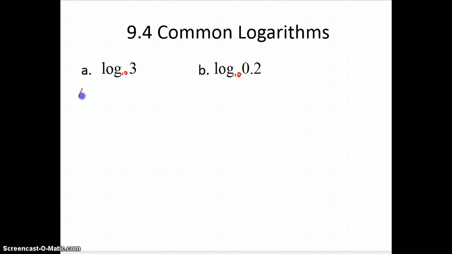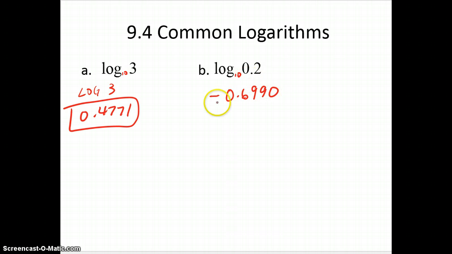So you're going to find a log button on your calculator, and you're really just going to hit that button and then hit 3 and hit enter. And when you do so, you should get 0.4771. Okay, and if we plug in log of 0.2, you should get negative.